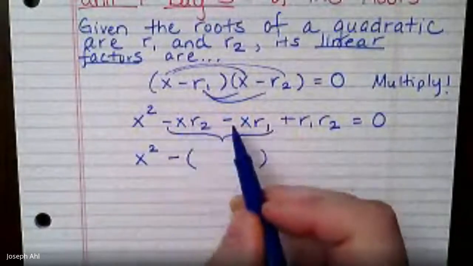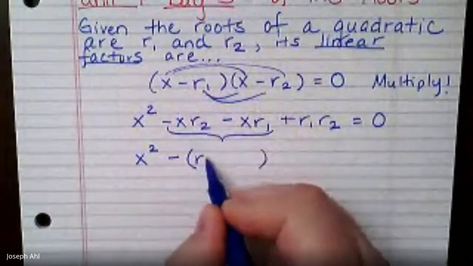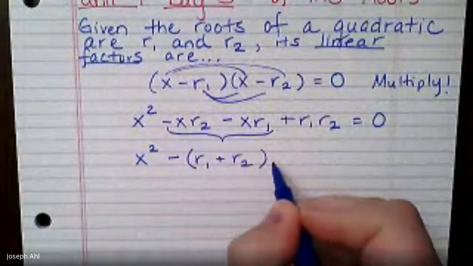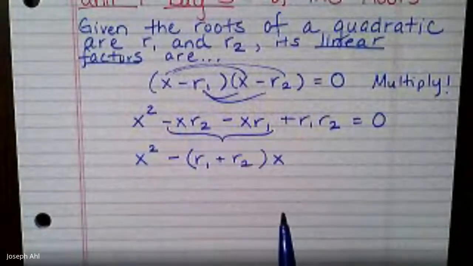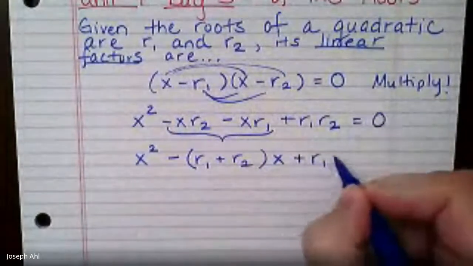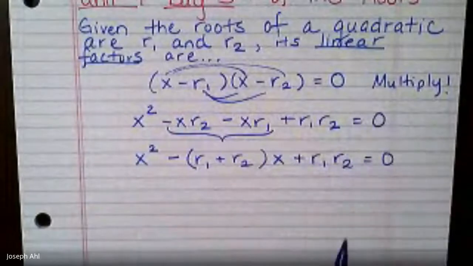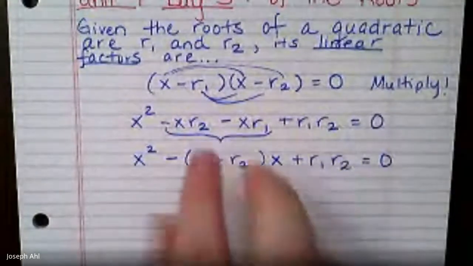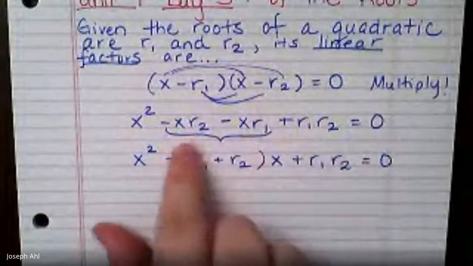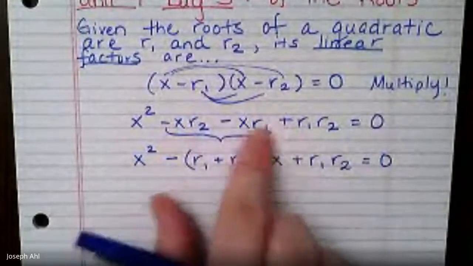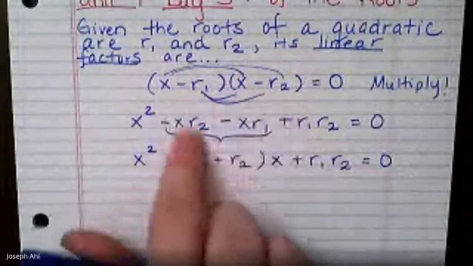If I pull out a negative, it becomes R1 plus R2 as the coefficient of x. And at the end, we get plus R1 R2, and that still equals 0. If you don't believe me, you could distribute that negative back in and then distribute the x backwards, and it's going to get you right to this.